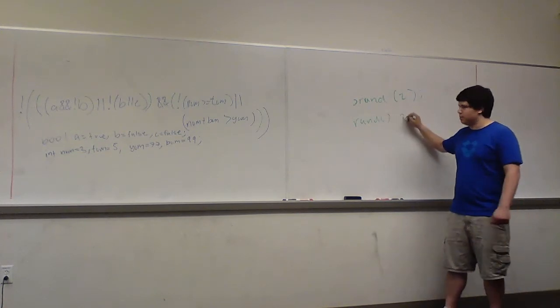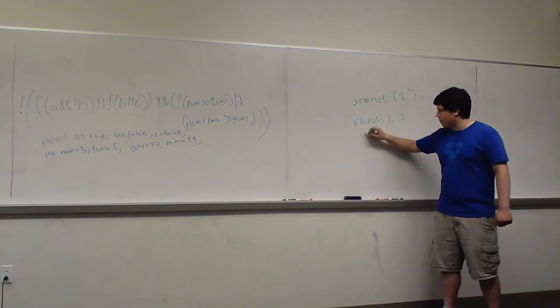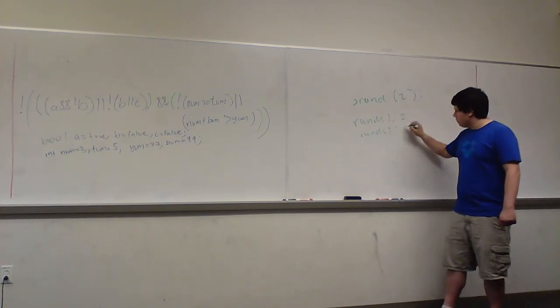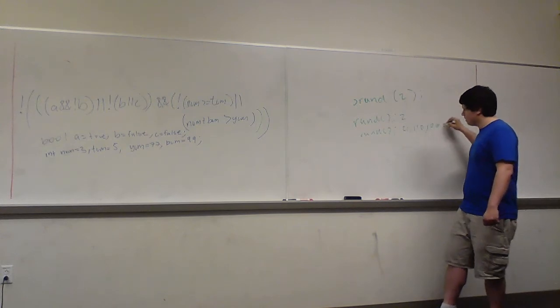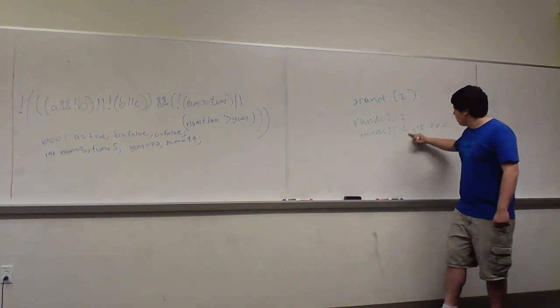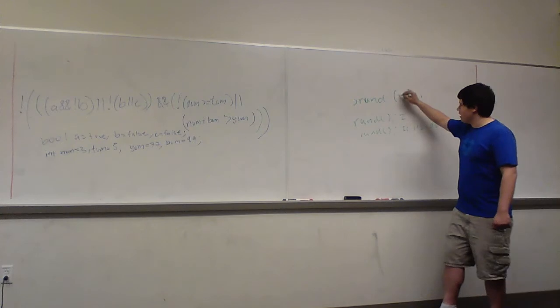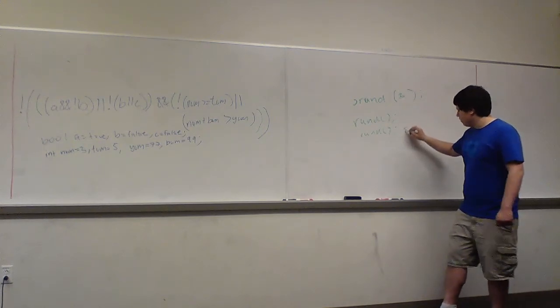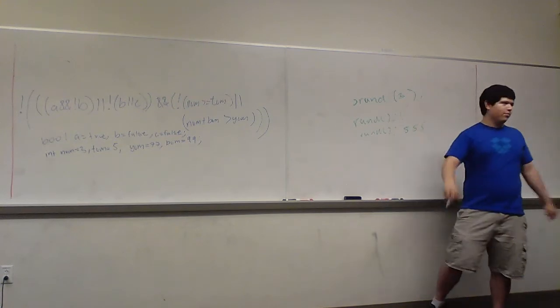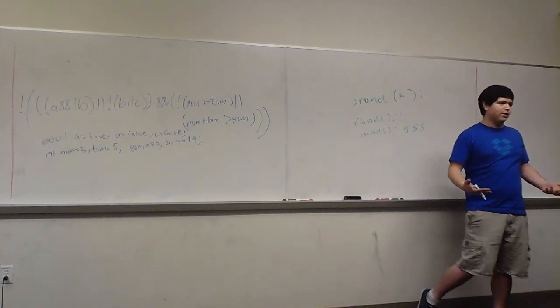If I call rand, it's going to be 2, I guess. But I call rand again, it's going to give me like 4 million or something, some crazy number. But let's say I seed it with 3. It's going to give me completely different numbers, like, I don't know, 5, 5, 5. So it's going to give me a list of completely different numbers.